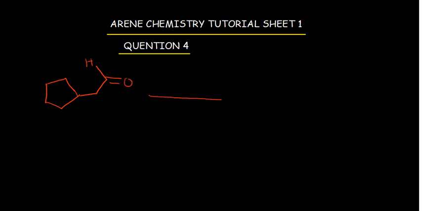This one was reacted with this, in presence of an acid, sulfuric acid. So this is ethyl. Ethyl is just a protecting group which protects the aldehyde. Once it reacts, it will form the product which looks like this.